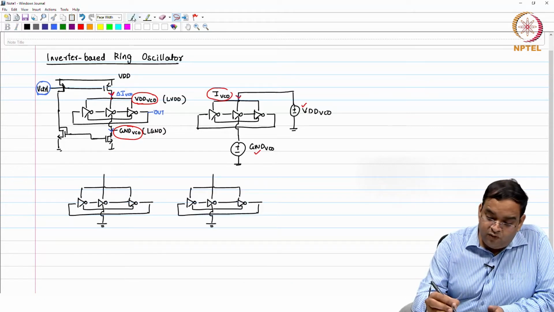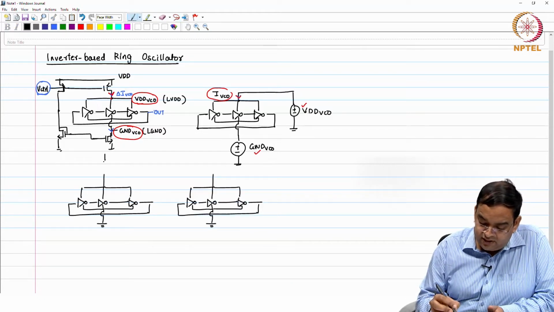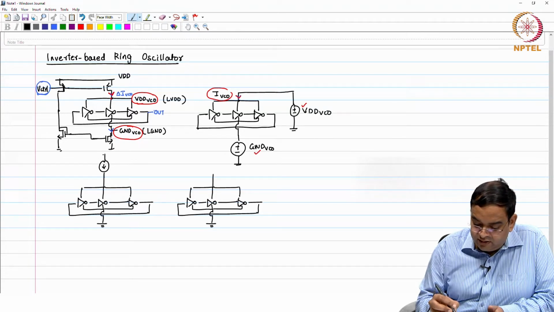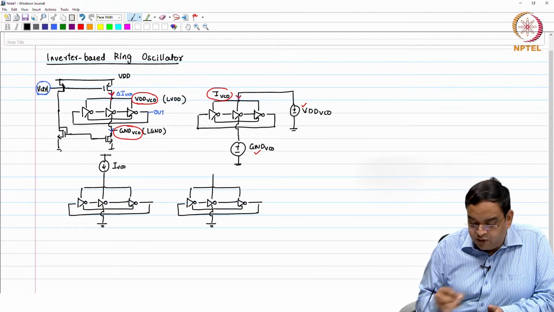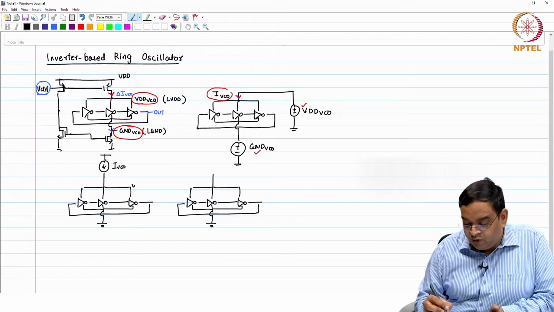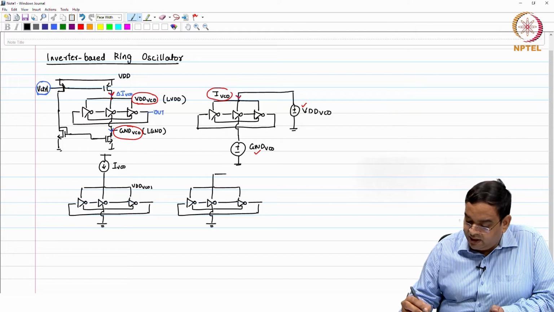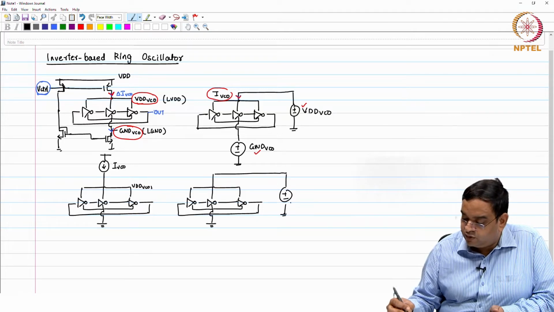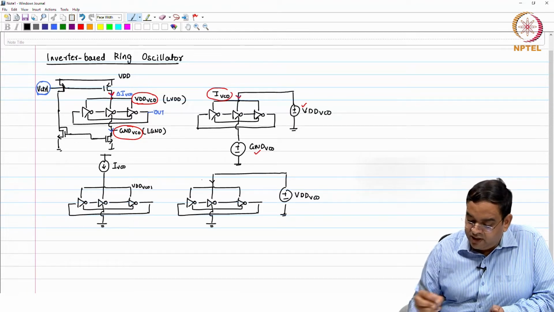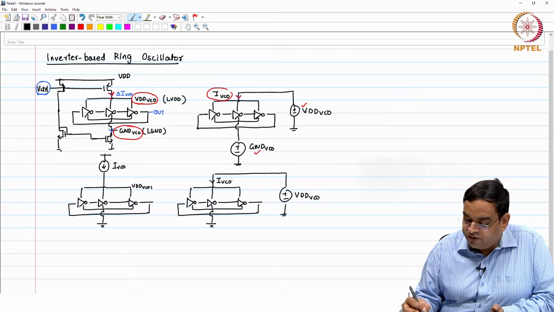In one case, I am forcing the current I VCO such that it develops a voltage, let us say VDD VCO 1. In the other case, I apply a voltage source VDD VCO, and here you have a current I VCO 1.